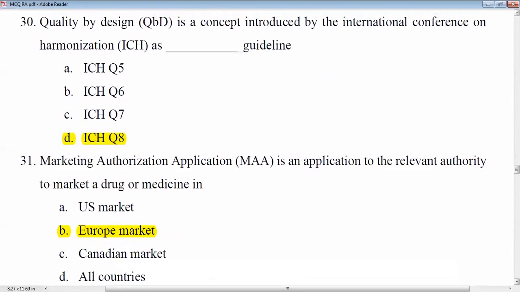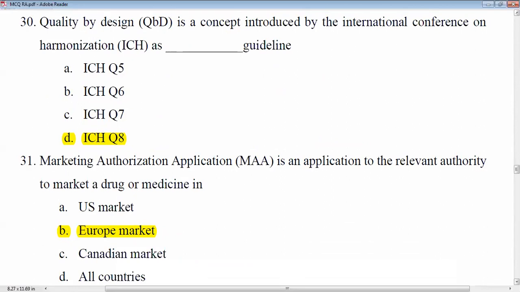Next multiple choice question is QBD. Quality by design is a concept introduced by the International Conference on Harmonization, ICH, as dash dash guideline.